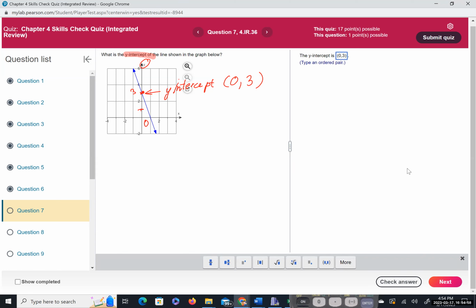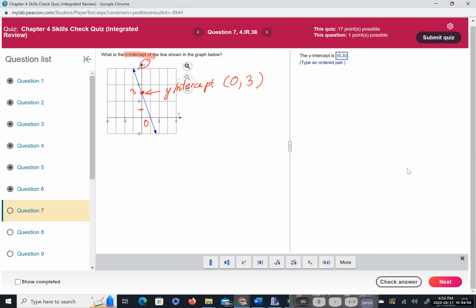The b here actually stands for the y value of the y-intercept. We need to find b here. You can just say, if you have this one, you can convert it to be 1/2 x plus 0.